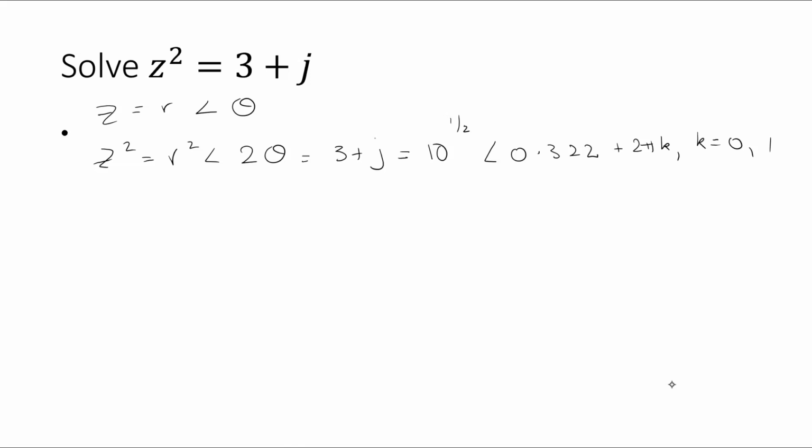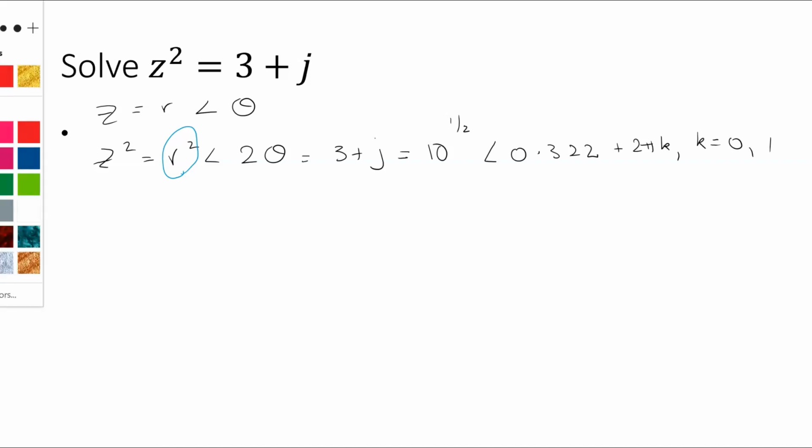Since there are 2 roots, that means, again, we can compare the bits. So we can say that r squared must be 10 to the half. Oh, actually, no. What I need to do first is go back and find 2 theta.